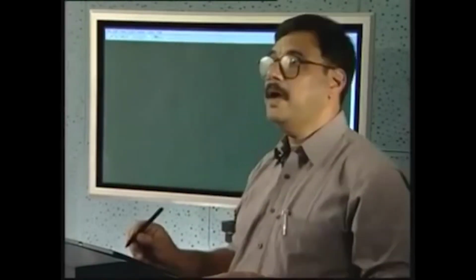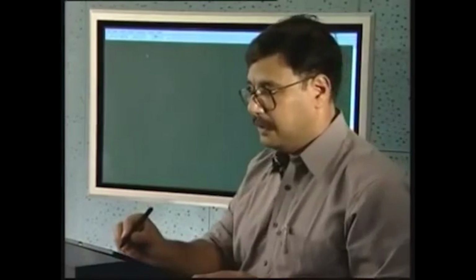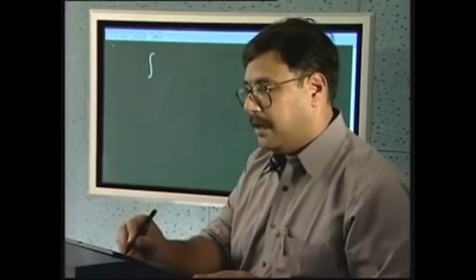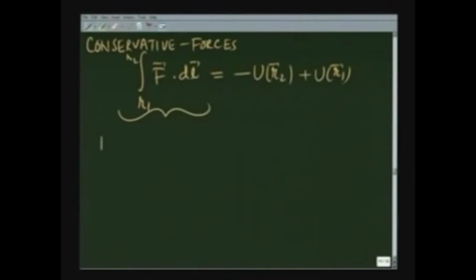So, let us see what happens if I apply the work energy theorem to this case. Again, I am talking about conservative forces. Then the integral of F dot dl, which I have defined as minus U(R2) plus U(R1) when going from point 1 to point 2, by the work energy theorem is nothing but KE at point 2 minus KE at point 1.